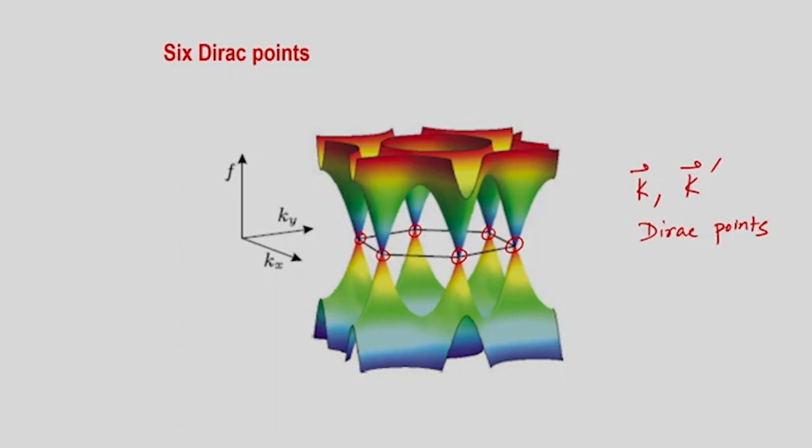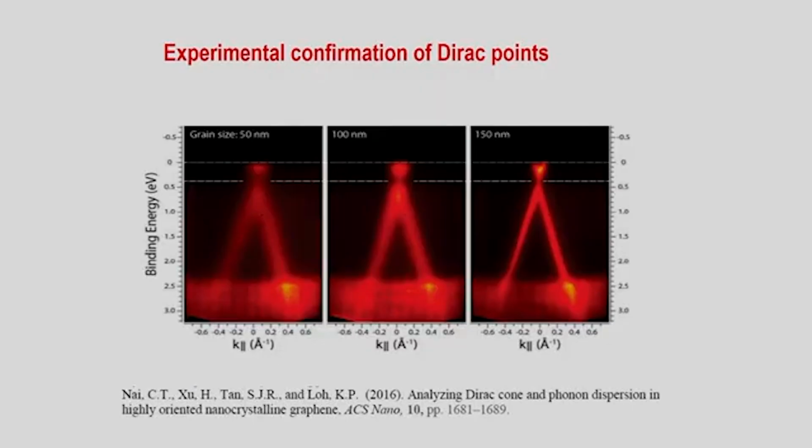In condensed matter physics, these relativistic dispersions are not common, and in fact, the k square dispersions are more common, but in this particular case the low energy dispersion is linear, and they correspond to massless Dirac fermions. Okay. So, these are things that we have discussed.